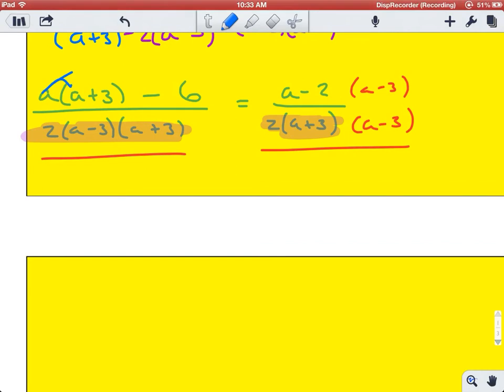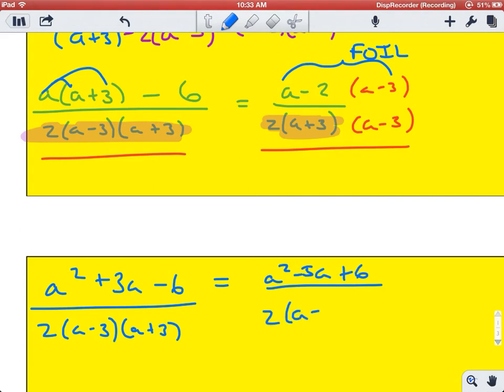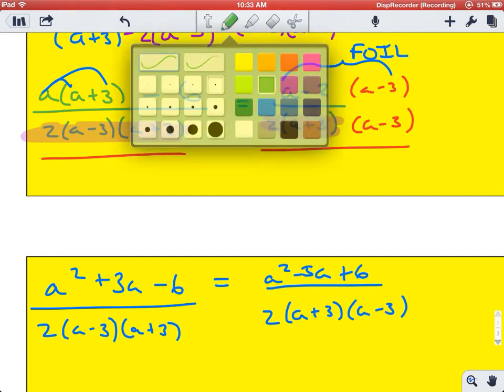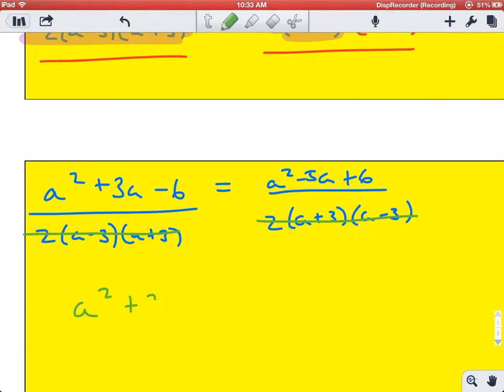I'll take the opportunity now also to distribute. This side is going to be, I'm going to have to FOIL that or box it out. And so that's going to be a squared minus 5a plus 6 all over the common denominator. So it's at this point that I don't care about the denominators anymore. Now I can just set the numerators equal to each other, which actually turns into a fairly easy problem here.